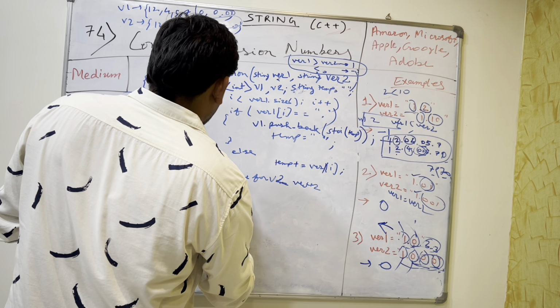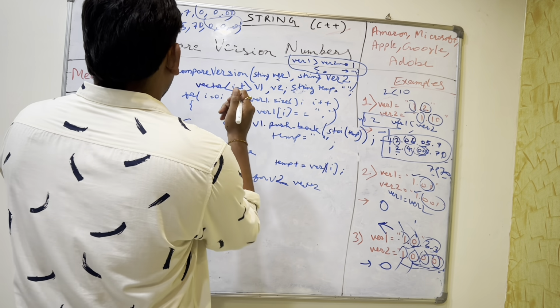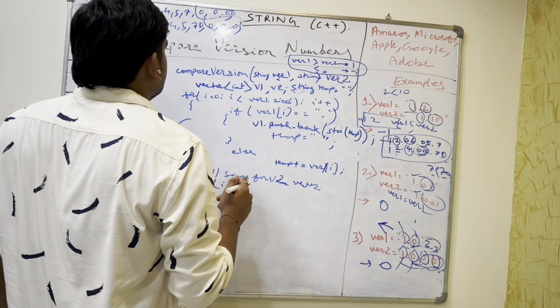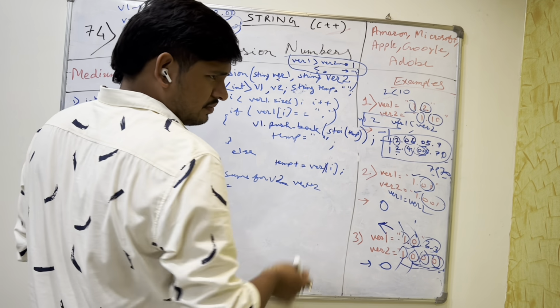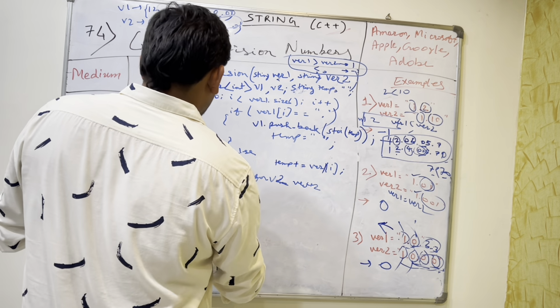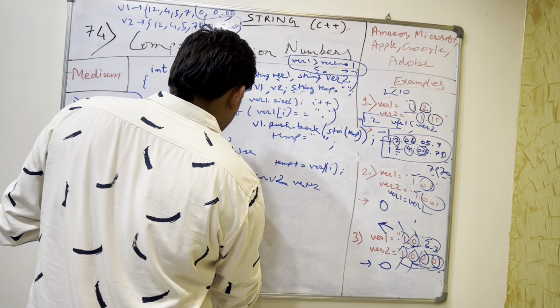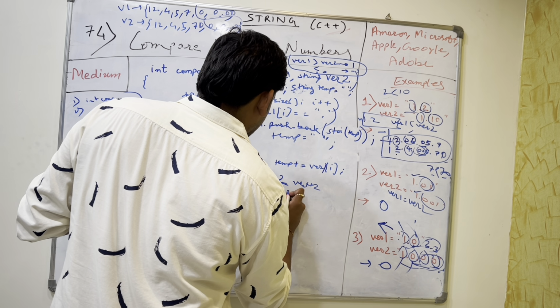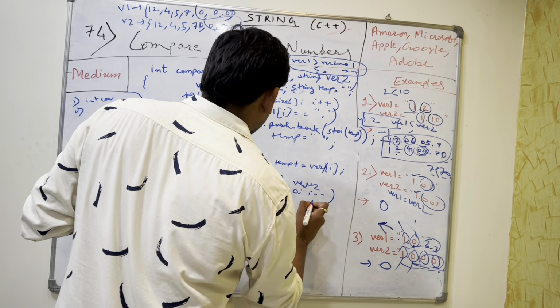I'll just do things for v1. Later in the code walkthrough, you can see the whole code when we submit it on the LeetCode platform. So for i equal to v1 dot size, i greater than or equal to 0, i minus minus.